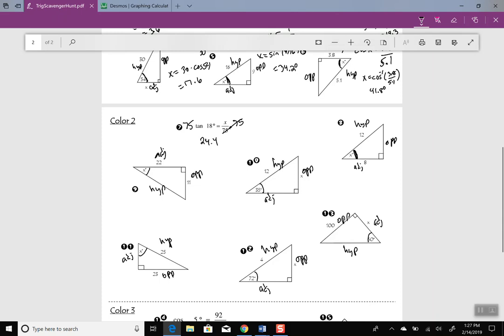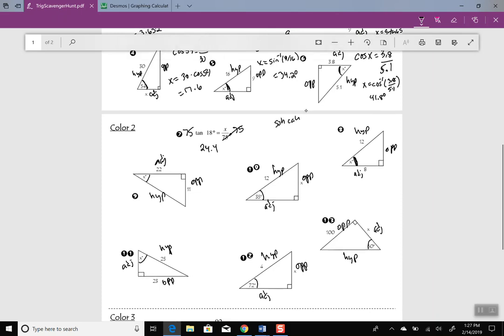Okay. So if I'm thinking SOHCAHTOA, in number 8, I care about the adjacent and the hypotenuse, so that means I use cosine. Cosine of x equals adjacent, so 8 over the hypotenuse, 12. Number 9, I care about the adjacent and the opposite, so I'm going to use tangent, because that includes the opposite and the adjacent.